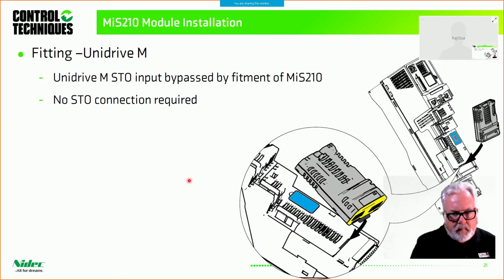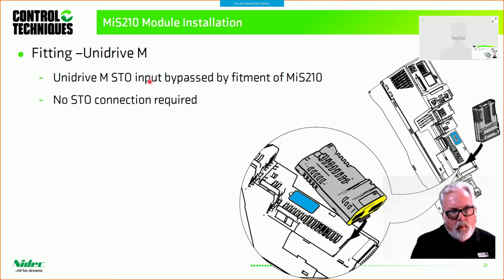Now, here is where the distinction between these two modules really comes home. We're looking at an MIS 210 module here, which is going to be installed in a Unidrive M700.